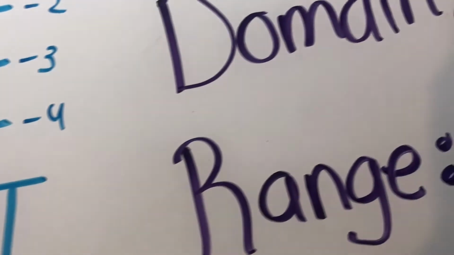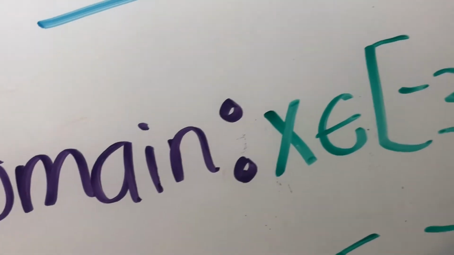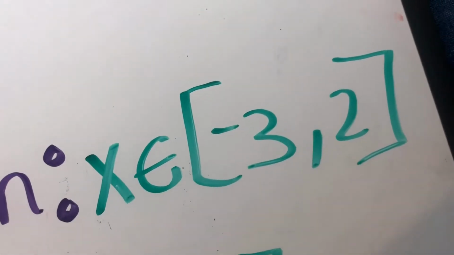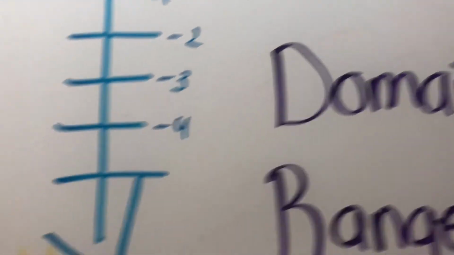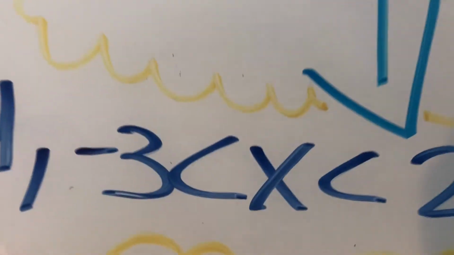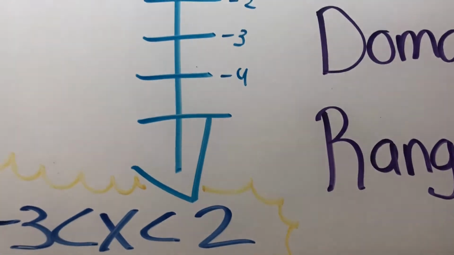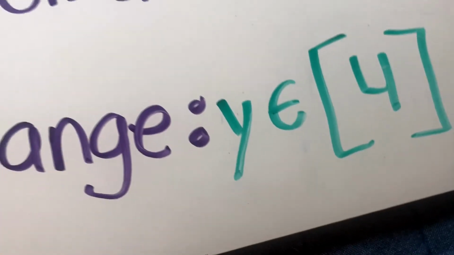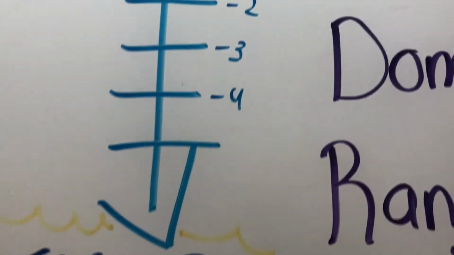So, moving on, we're about to calculate the domain. The domain will be x from minus 3 to 2, seeing that those are the only values that our line has, and the range would be only the value of 4 because it's the only value that our line has.